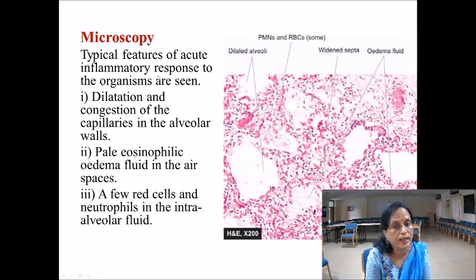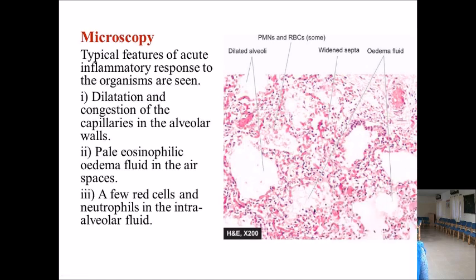So microscopy at this stage: that red color was due to congestion. You can make out the alveolar septa appear dilated here, with a lot of congestion, widened septa. And the alveolar lumen has only edematous fluid with few inflammatory cells.